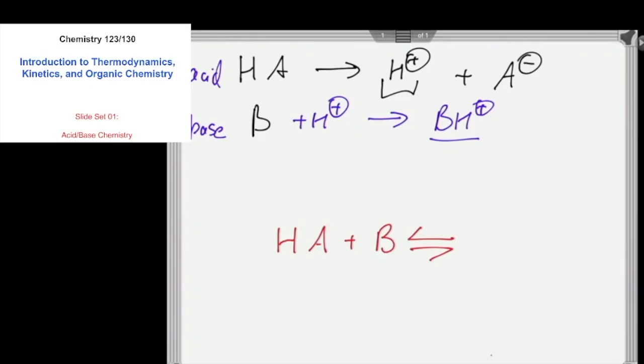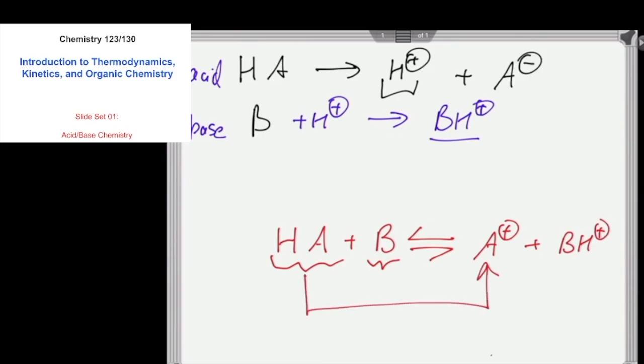So in this case, if we've defined our HA species as our acid, we will form this A-, and let's say this base species here is involved, it's going to make our BH guy. There is a specific relationship between these two guys and these two guys. What do we call that general relationship?